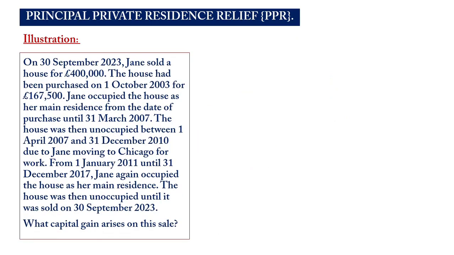Let's get another illustration. So on 30th September 2023, Jane sold a house for £400,000. The house had been purchased on 1st October 2003 for 167,500. Jane occupied the house as her main residence from the date of purchase until 31st March 2007.